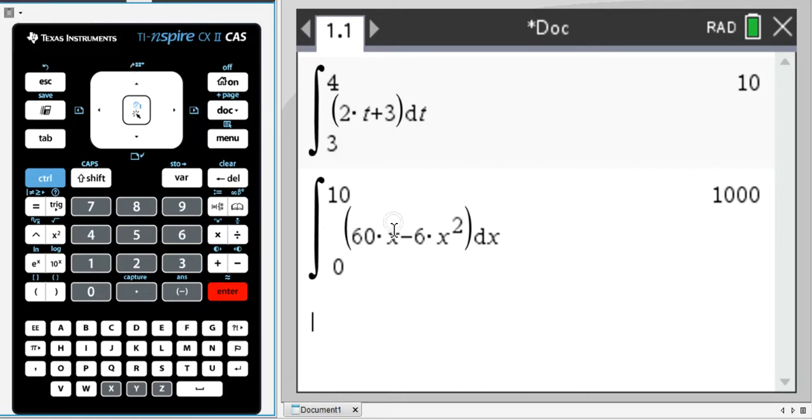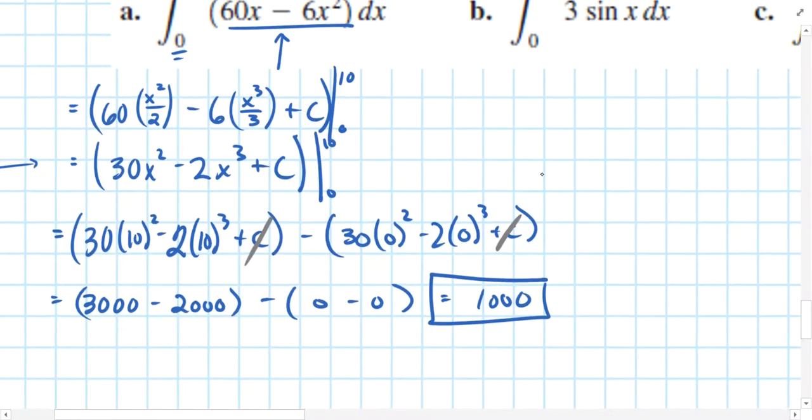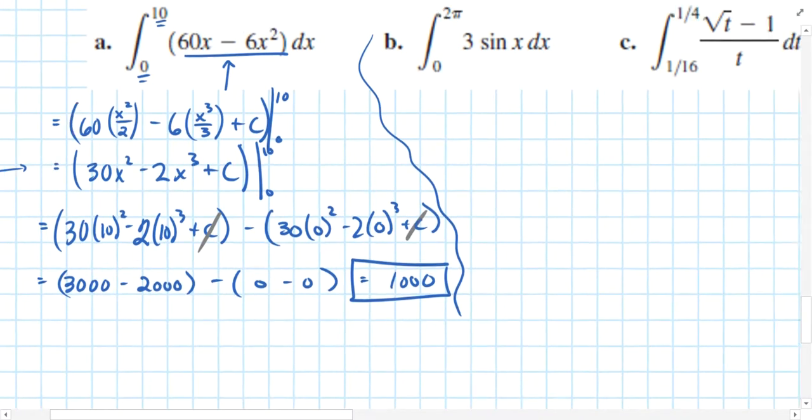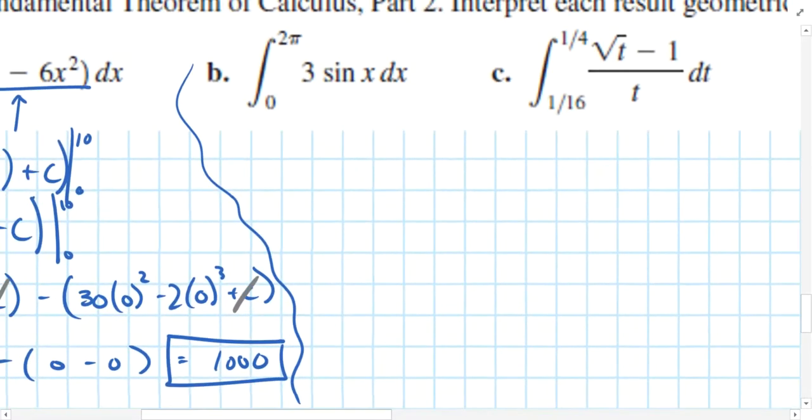So we can use a calculator if we need to, but if possible, and perhaps you'll be tested on your ability to do so, we can also do this by hand. Part B.